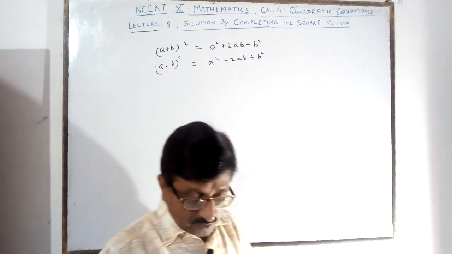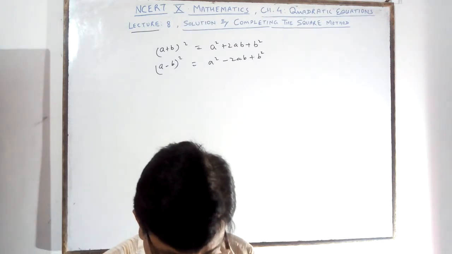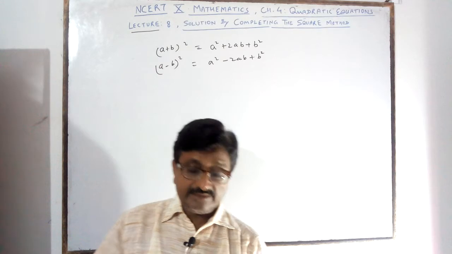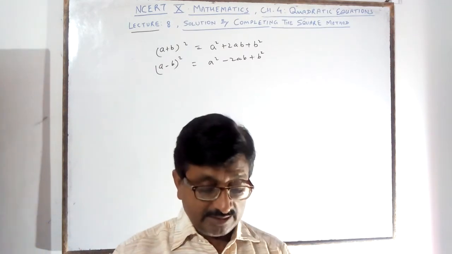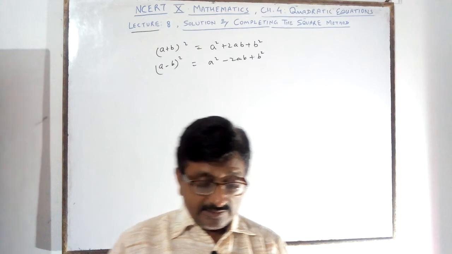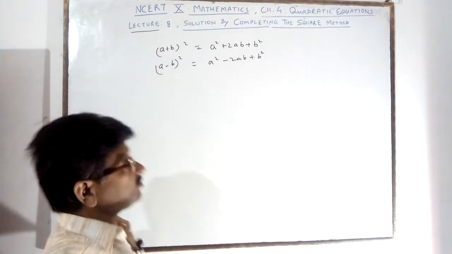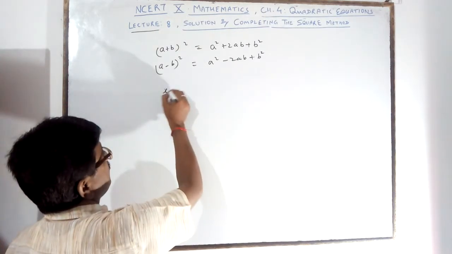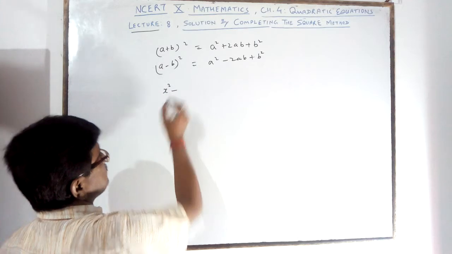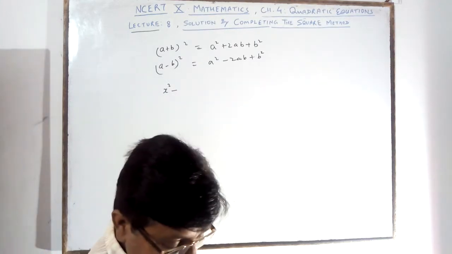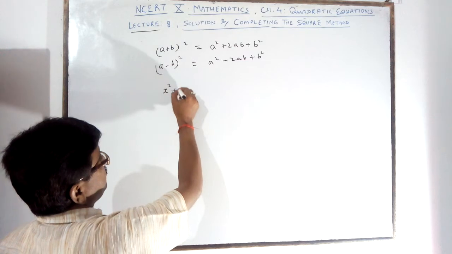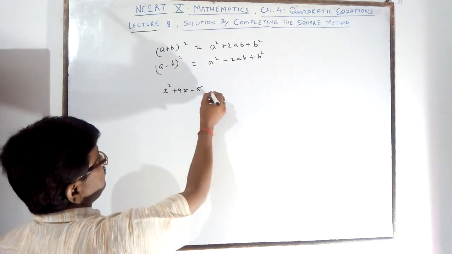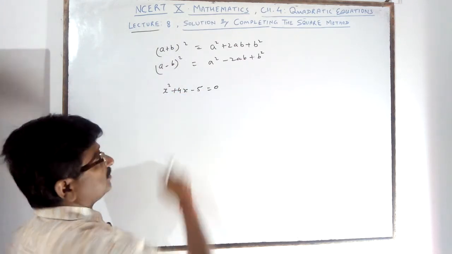Like any question will be given. If a question is given, it is not necessary that it is given in the middle term form. By example you will see x square plus 4x minus 5 equals 0.